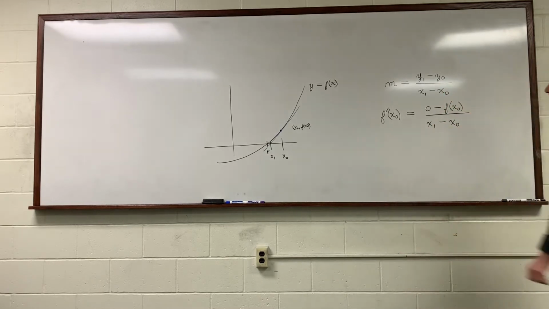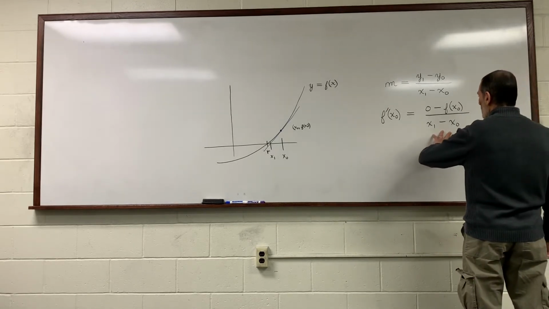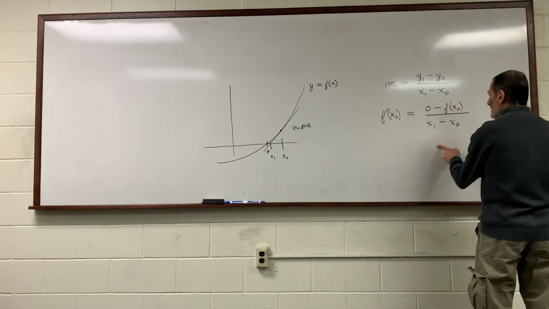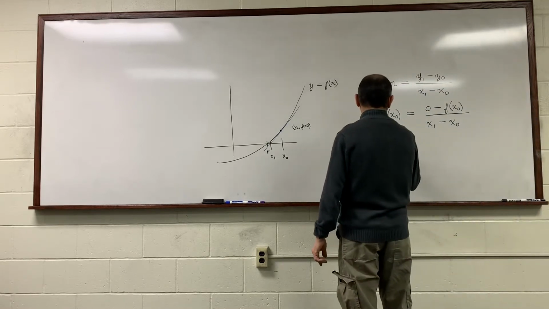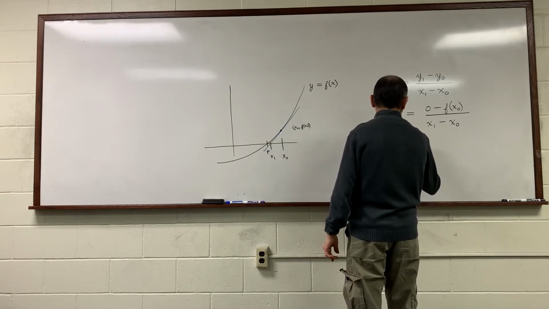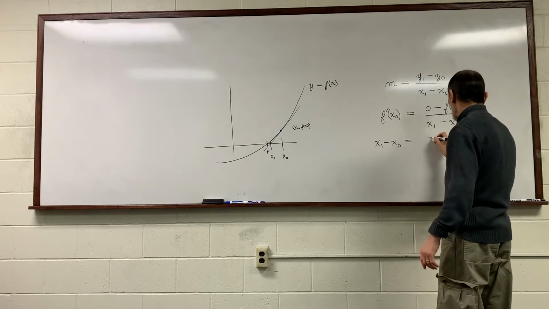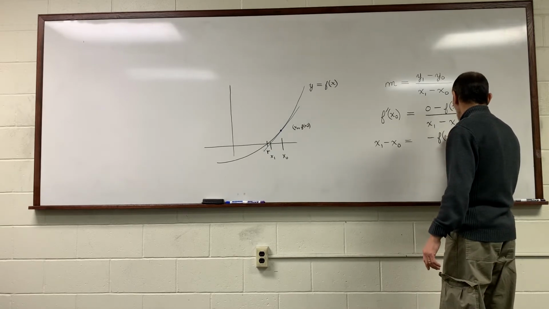If we take that equation, multiply through by this denominator, and then divide here, what we'll have is x sub 1 minus x sub 0 equals, now that 0 can be dropped, negative f of x sub 0 divided by f prime of x sub 0.